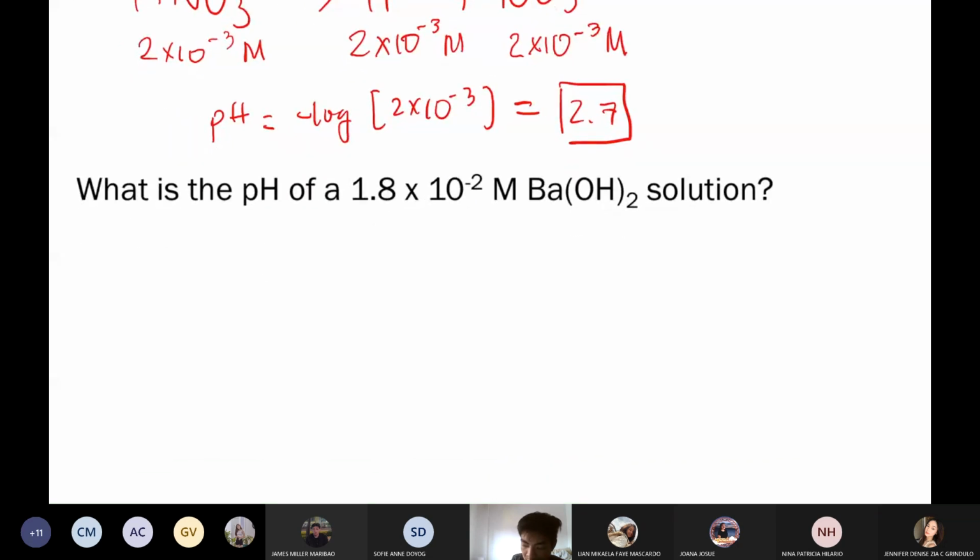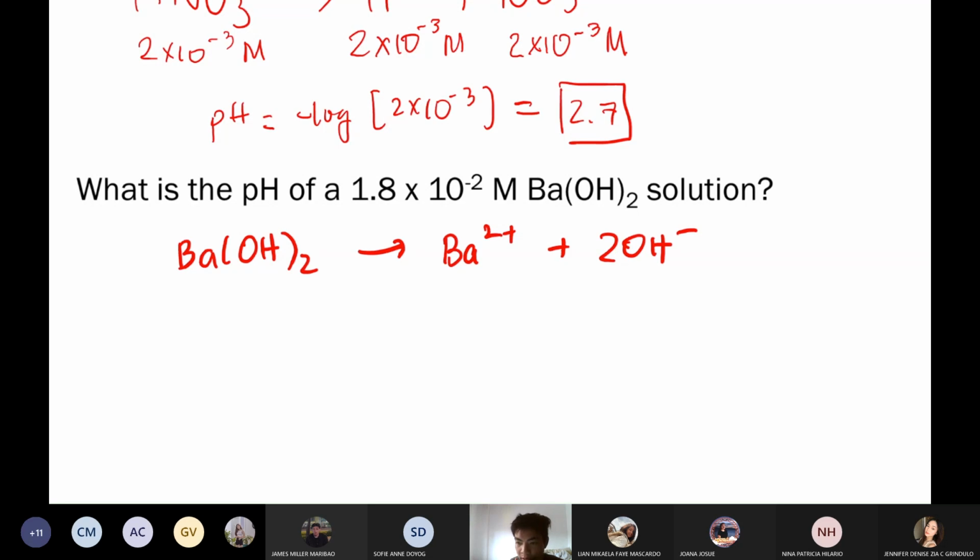So, let us write the equation. When barium hydroxide fully dissociates into ions, it will produce 1 mole of barium ion and 2 moles of hydroxide ion. Okay, so let's determine the total concentration of OH minus by stoichiometry.